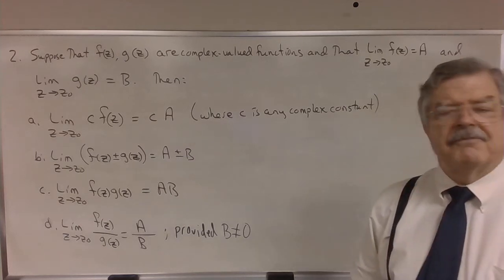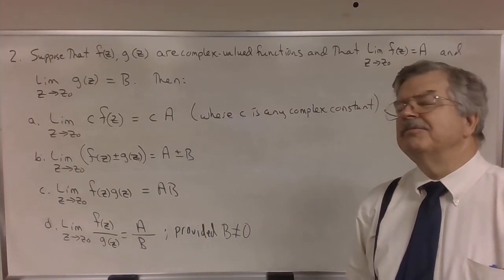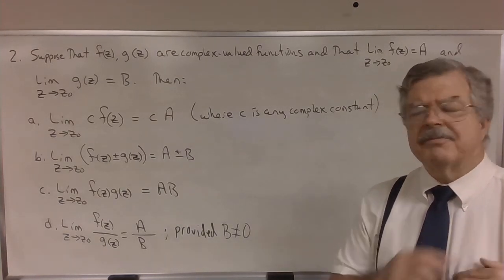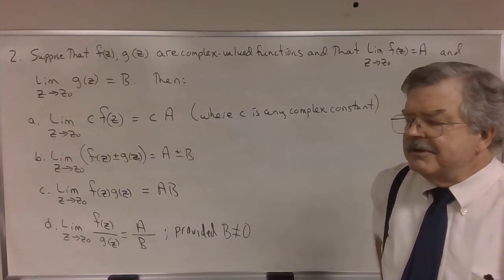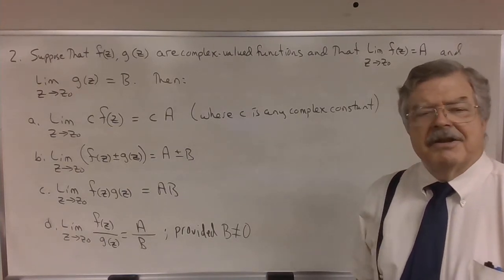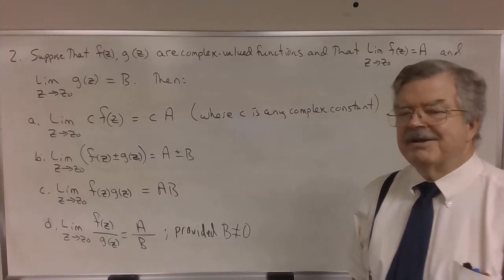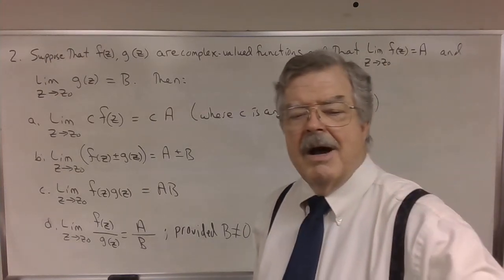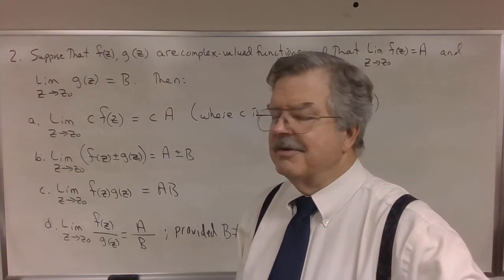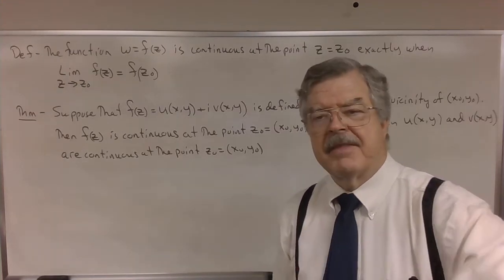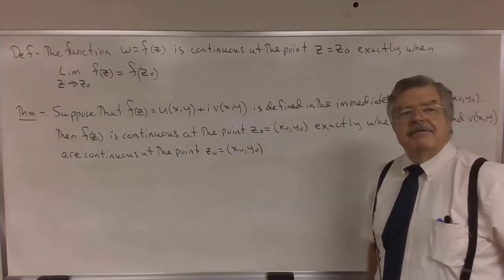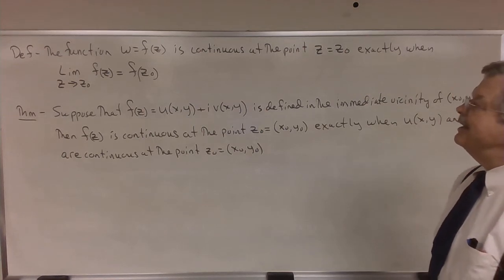So those are some helpful theorems on limits. We also have some theorems on continuous functions. I'll put that up along with a definition of continuity. A little bit of info about continuity here.